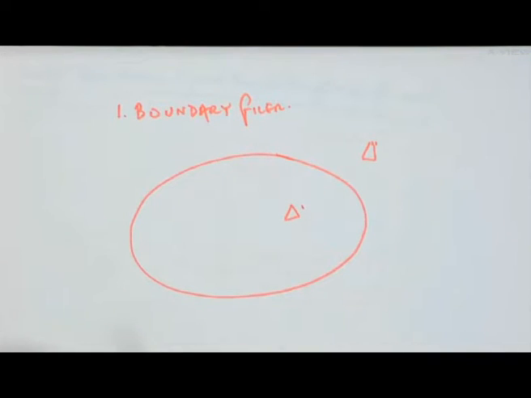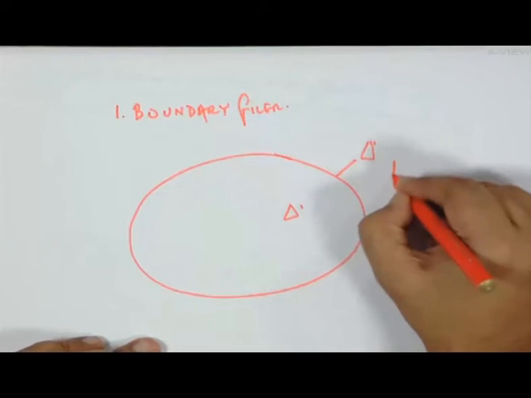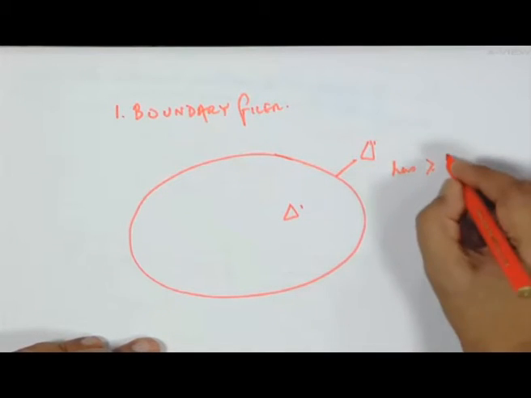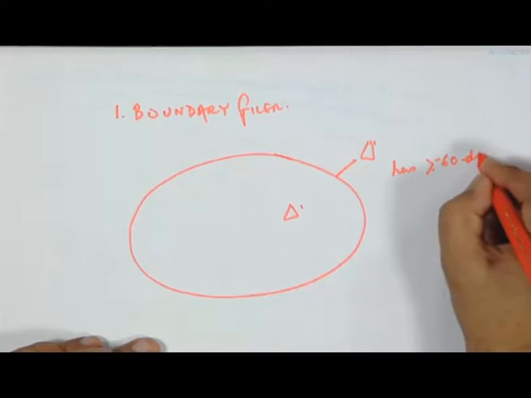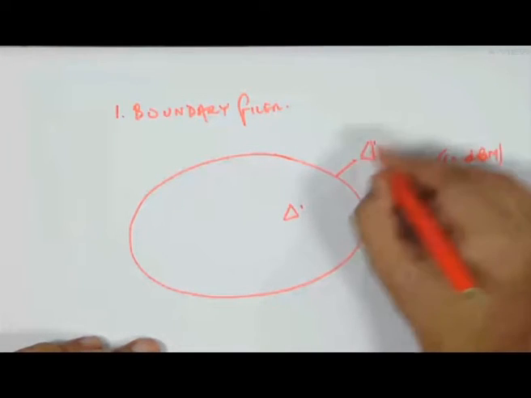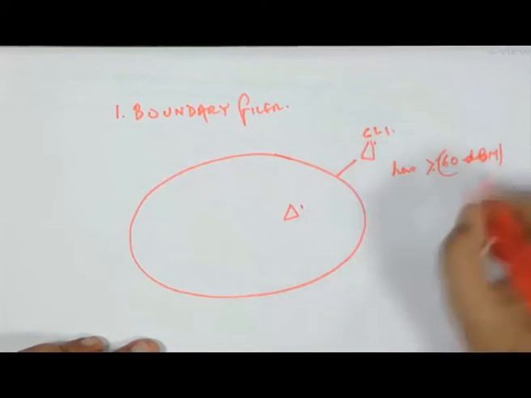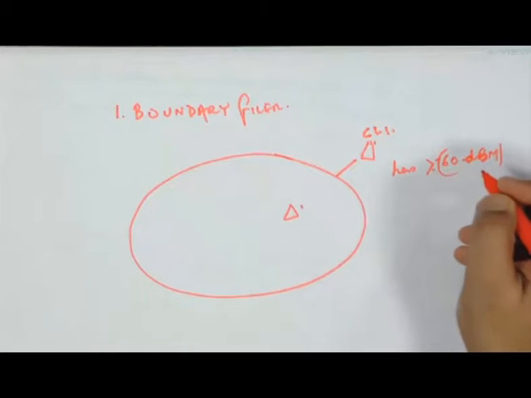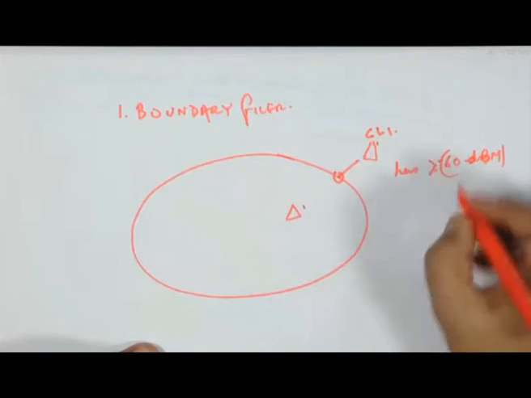So now the intuition is, although this cell tower has greater than minus 60 dBm signal, the strongest signal received about this cell, maybe this cell is CL1, the strongest signal received is greater than minus 60 dBm at this point. But this point is in the perimeter.